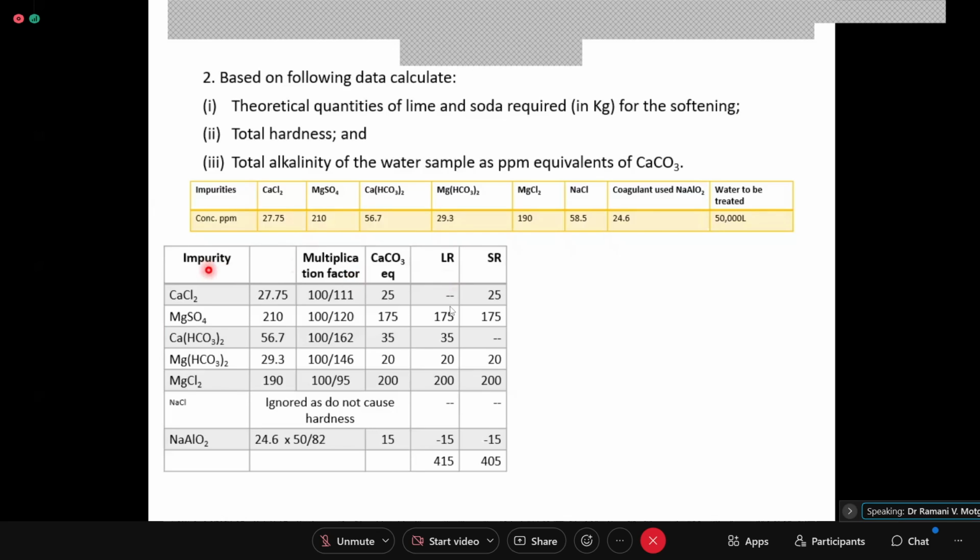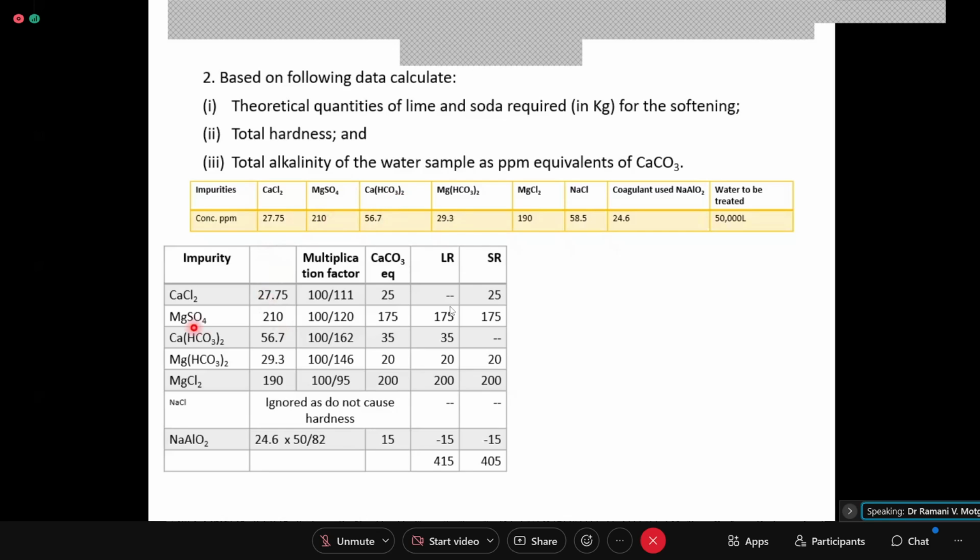Now in solution we write impurity. The first impurity is calcium chloride 27.75. Now this is all in ppm. So here it is not written, but in this place you write ppm so that the whole column corresponds to ppm. Magnesium sulfate is 210 ppm.